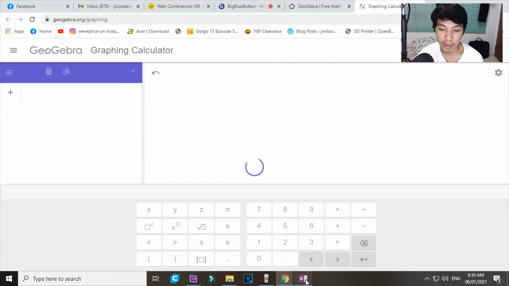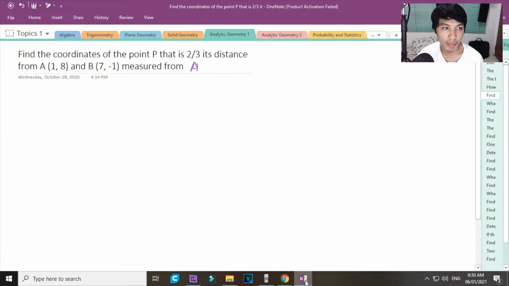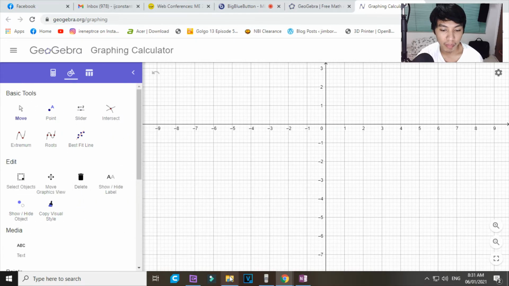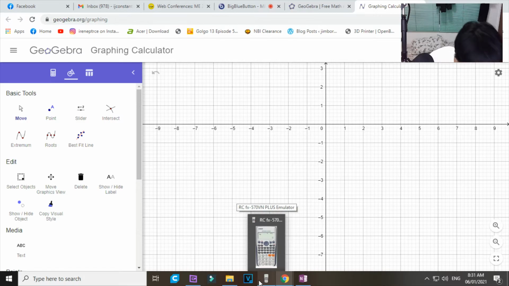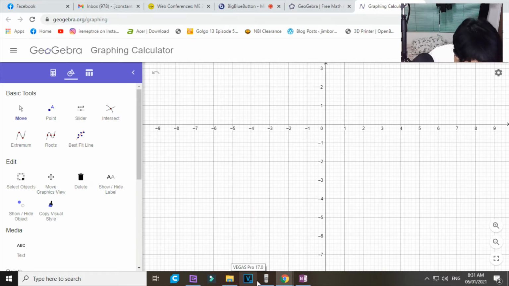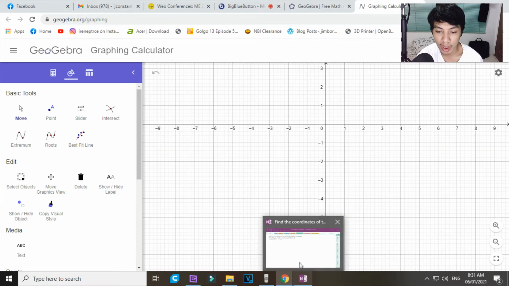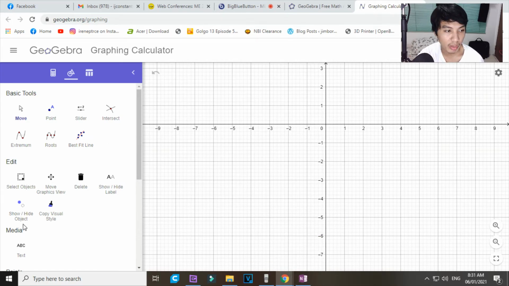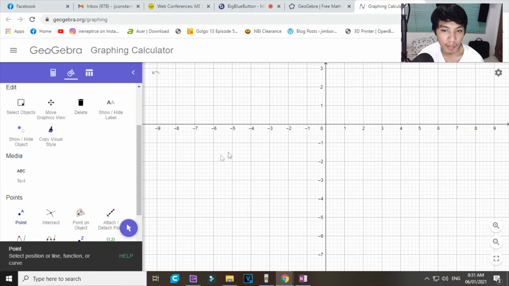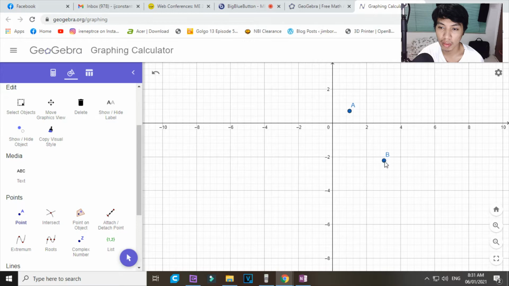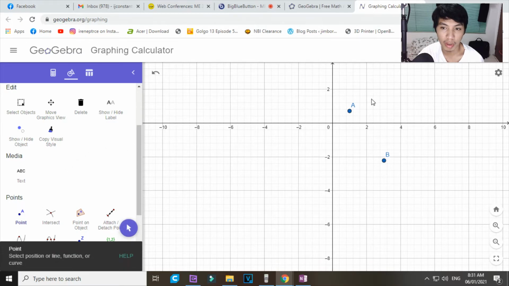Okay? Graphing calculator. You are given the point 1, 8, tsaka 7, negative 1. Point A natin yan. Point A, 1, 8. Point ulit. Okay, 1 and 8. Muna yan.